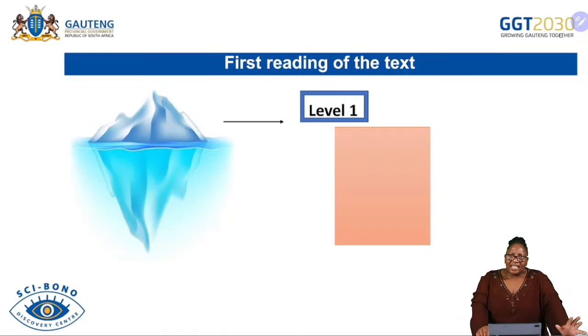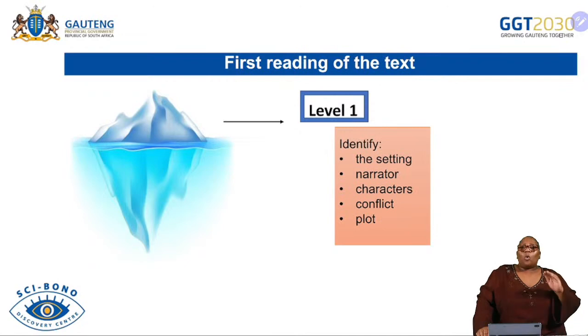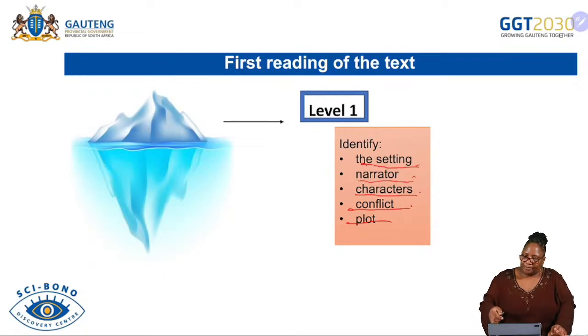When you first read a text, that is your novel or your drama, you have to read on level 1, like I said before. When you start reading My Children, My Africa, you read your short story, you read your Macbeth, and you read poetry, the first thing that you have to learn is what is the setting of the story, what is the narrator, who are the characters, the conflict, and the plot.